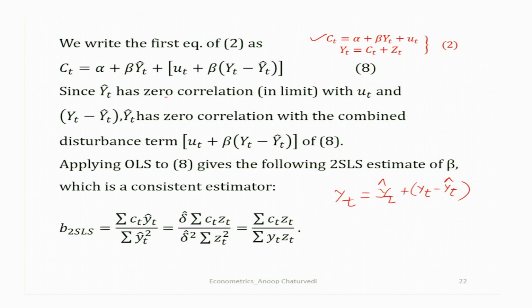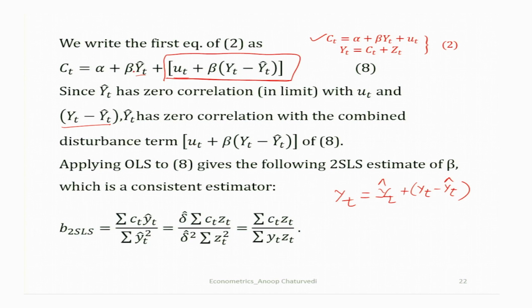Then y t hat has 0 correlation in limit with u t, and then y t hat also has 0 correlation with y t minus y t hat. So, y t hat has 0 correlation with the combined disturbance term, this u t plus beta times y t minus y t hat in equation 8. So, since y t hat has 0 correlation in limit with this term, this is the combined disturbance term.